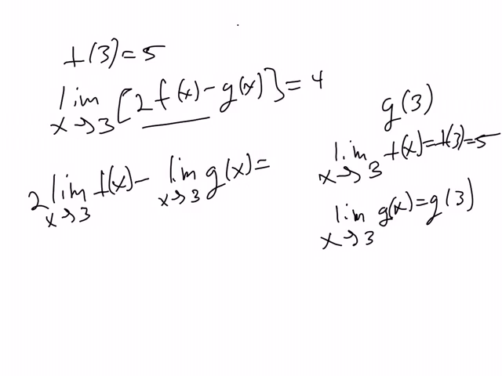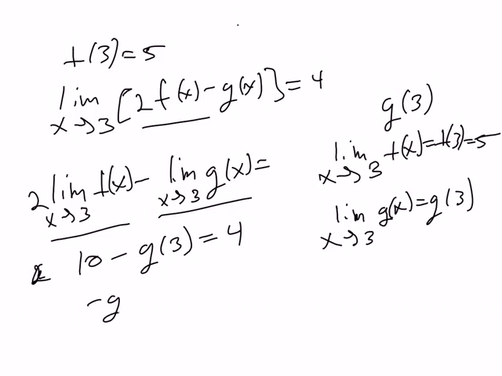This is 10 minus g of 3, and we know that all this is equal to 4. So negative g of 3 is equal to negative 6, or g of 3 is equal to 6. Okay, next problem.